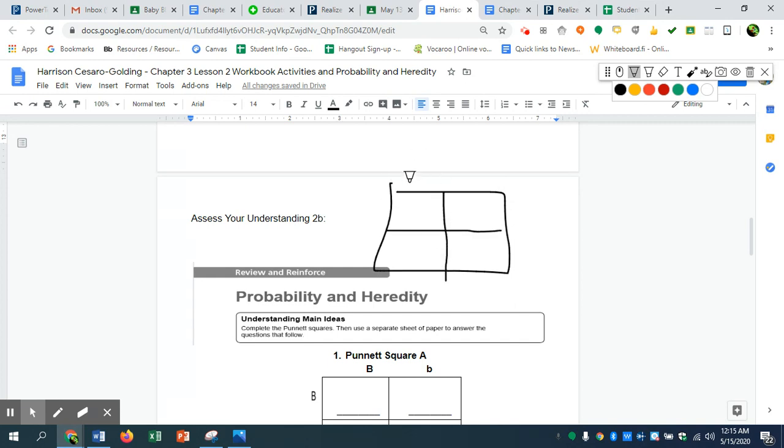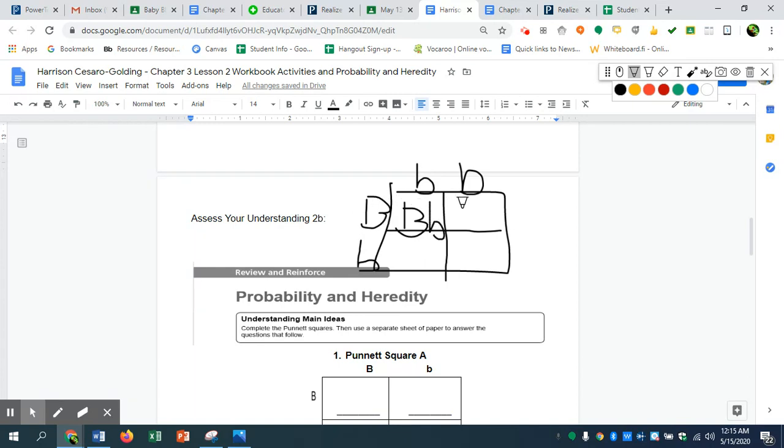What if, let's try dad being white and mom being black, but a carrier for white. So we'll bring the capital B over and bring dad's lowercase b over.